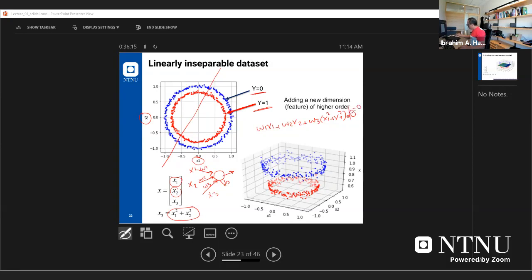So imagine omega 1 equals 0 and omega 2 equals 0, and imagine omega 3 equals 1. So what will happen? This equation will be x1 squared plus x2 squared plus b equals 0, right? What is this equation?